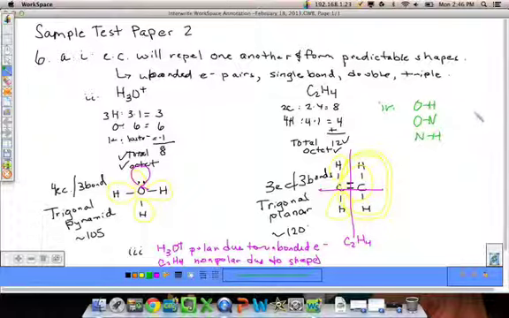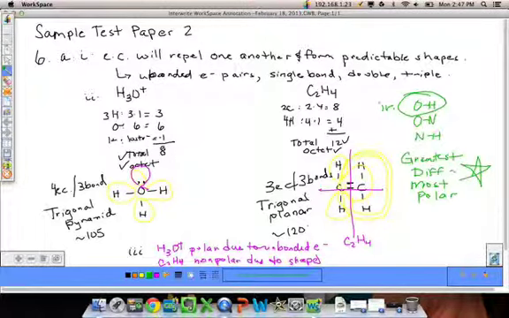Once we find that difference, we're going to identify which one has the greatest difference, and the greatest difference would be the most polar. It should end up being the ON bond, without looking at my data table. You can double check that. Just make sure the greatest difference is the most polar.